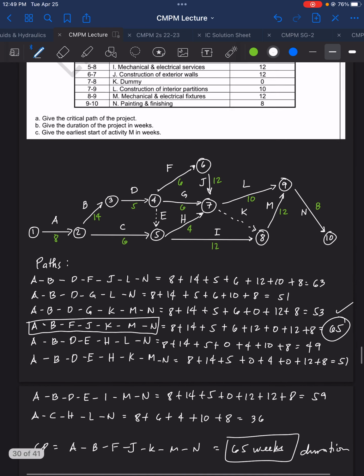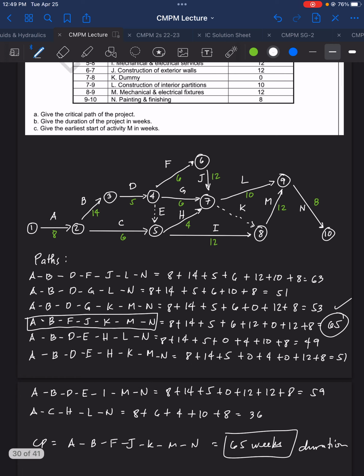Okay. So we now have here, let's highlight the path A, B, F, J. No. Oh, I did not ABD.